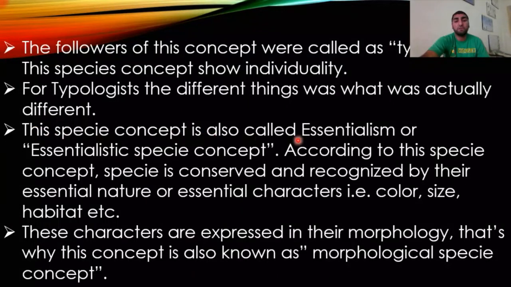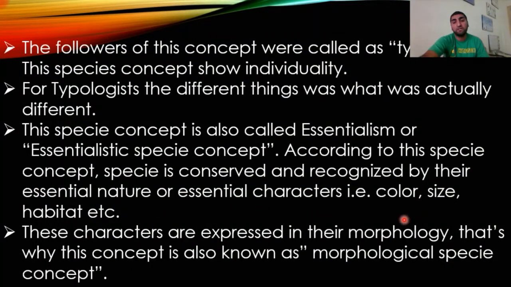This species concept is also called essentialism, the essentialistic species concept, because according to them, species is recognized by its essential nature or essential characteristics like color, size, habitat, etc. Species have some essential, conserved, specific characteristics through which we can recognize them.